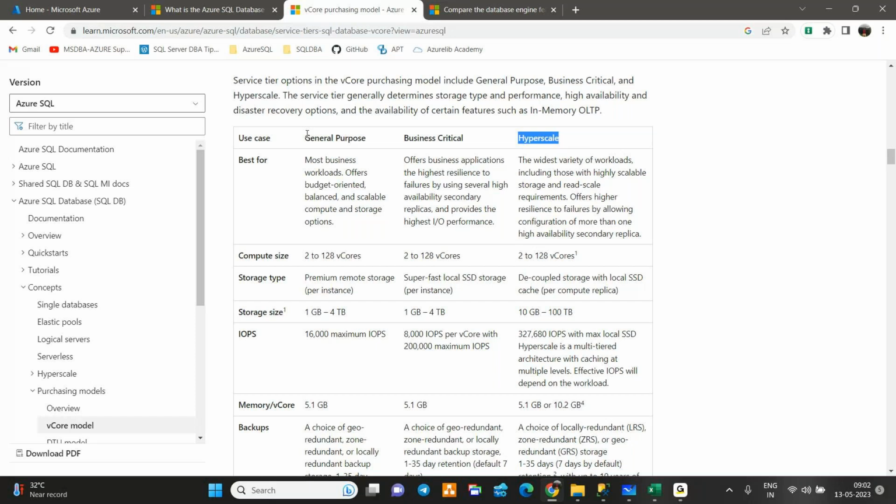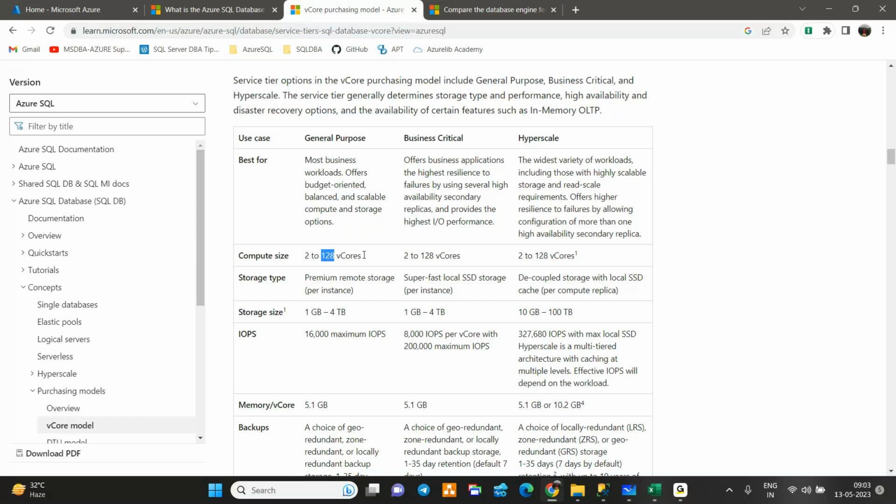General Purpose is nothing but balanced, so try to make a note: it's balanced. What do I mean by balanced? Per core, whatever you are selecting, you can select 2 core CPU, 4 core, 6 core, 8 core, 10 core, and so on, up to 128 cores.